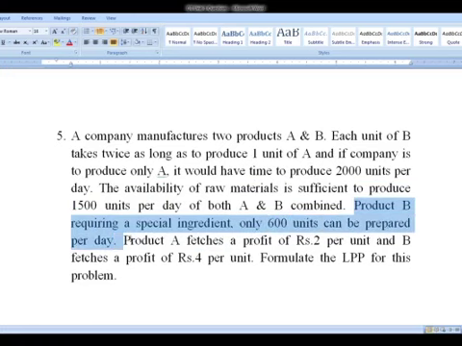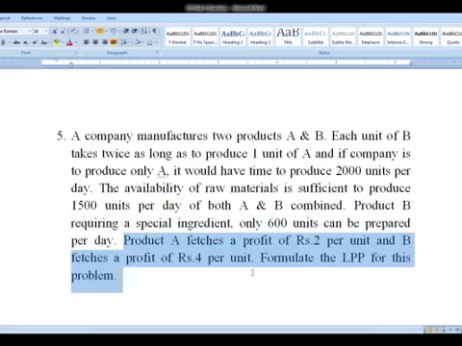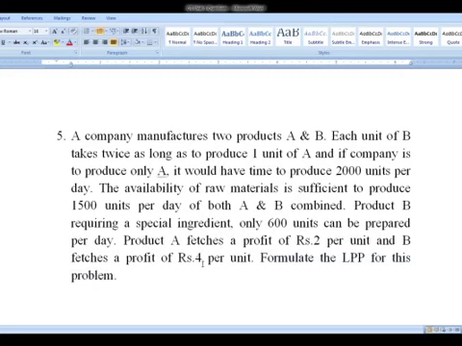That means B is less than or equal to 600 units. Now product A fetches 2 rupees profit and product B fetches 4 rupees profit, and they have asked us to formulate this LPP.